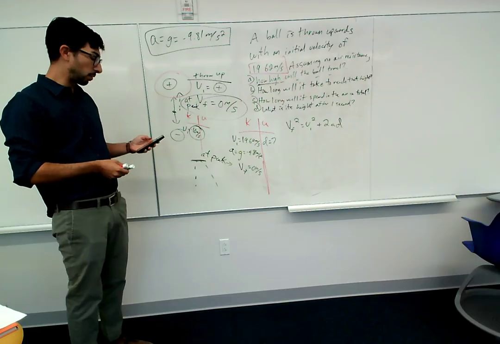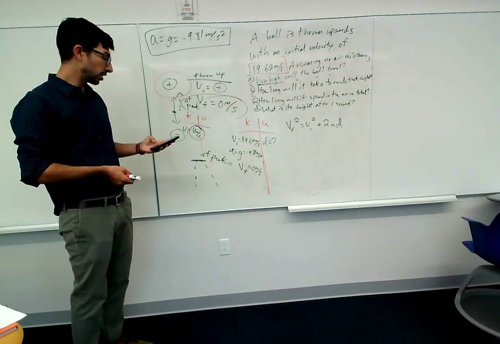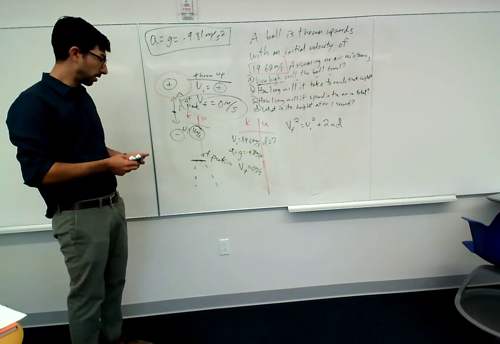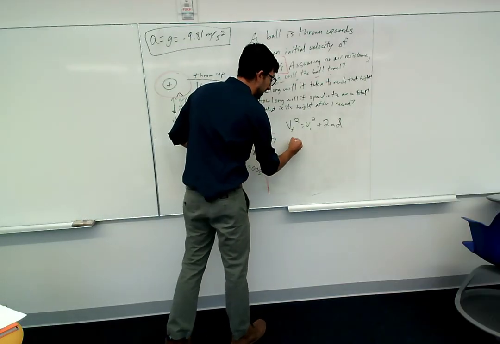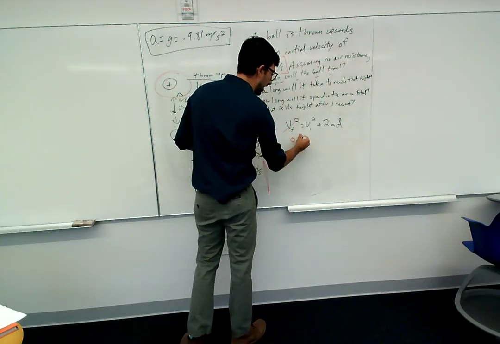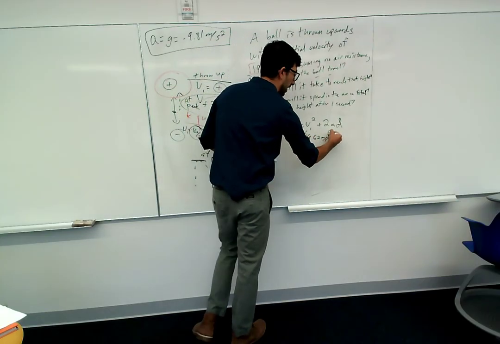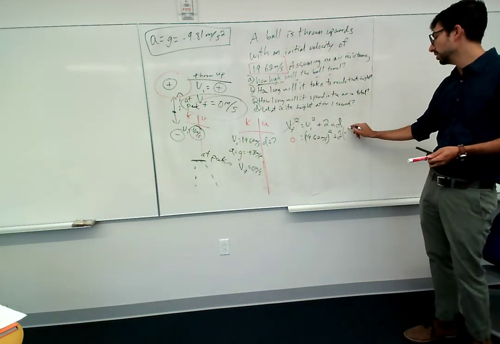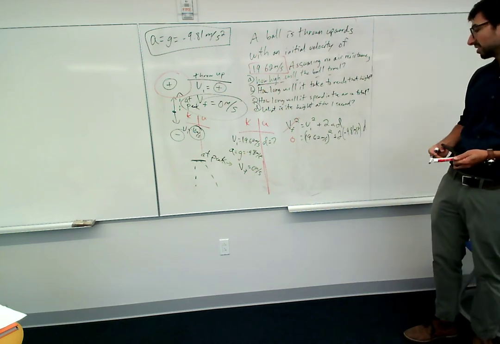Now this gets a little bit more complicated than the ones that we have worked with so far. But if we take a look at what this actually winds up looking like, we have our VF squared, which is going to be 0, so who cares? It's going to be equal to our VI squared, which is 19.62 meters per second, squared, plus 2AD, plus 2 times negative 9.81 meters per second squared times our displacement.